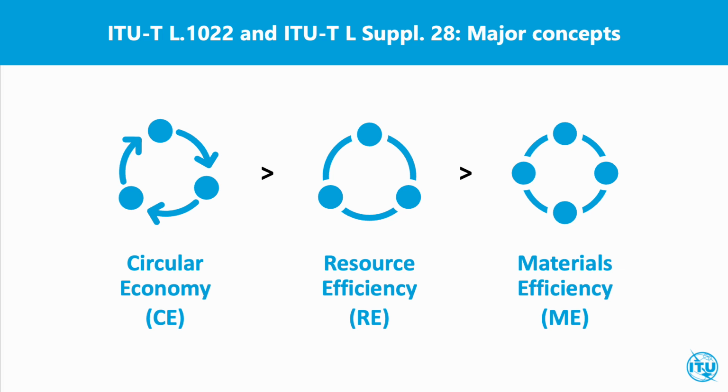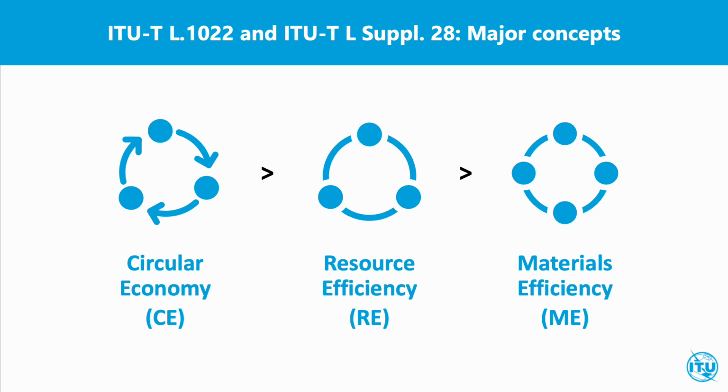Resource efficiency is sometimes used interchangeably with the circular economy concept. However, resource efficiency focuses more on efficient use of resources and on minimizing the environmental impact of a good during its life cycle. An example of a generalized resource efficiency definition is dealing with the benefits obtained from the use of natural resources.